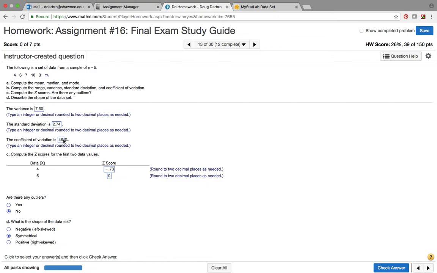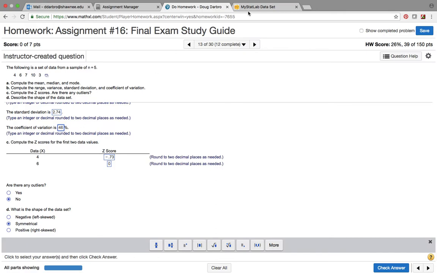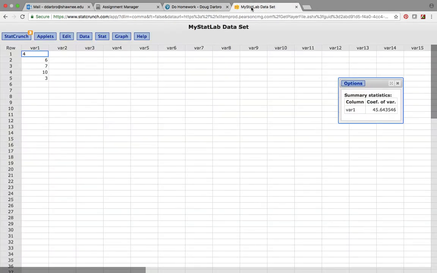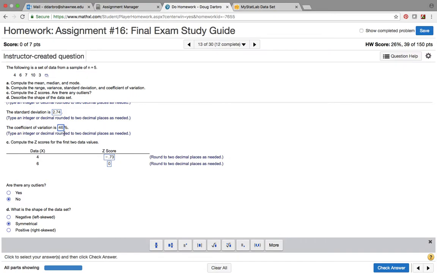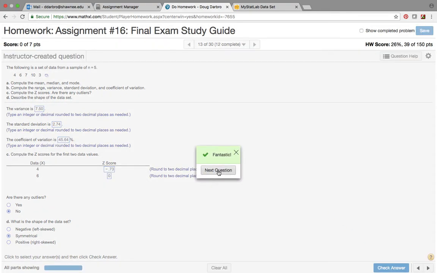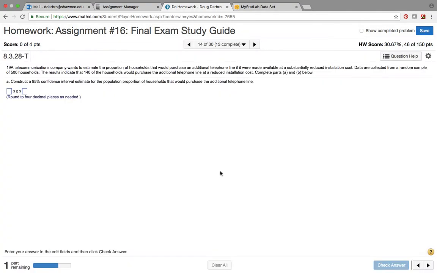Okay, 2 decimal places, so it got me on a technicality there. So that would be 45.64%. All right, I got sloppy again. That's the reason that I must hand grade these things after. Because if you put 46% there, because this is type an integer, so I didn't go ahead and read that, then I think you should deserve full credit.